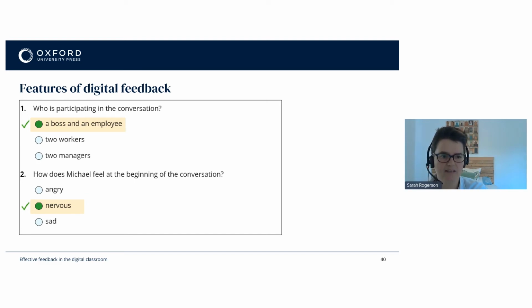Here, the student selected got the answer right, but if they'd got the answer wrong, we could have a box flash up that says, this is wrong because da da da da da. Now it's really difficult to do that in a face-to-face context, I suppose, at scale with the whole class. So this is another feature that's really important.